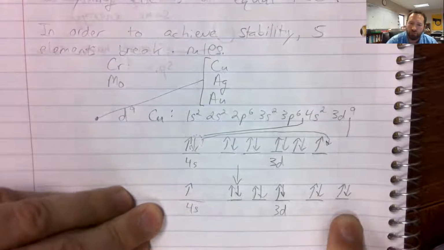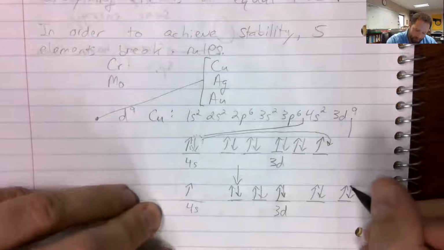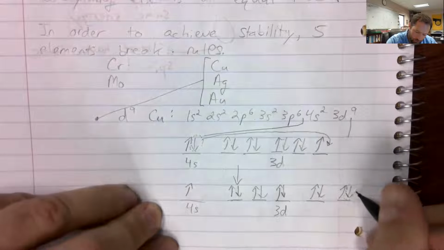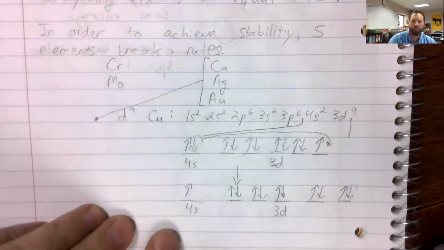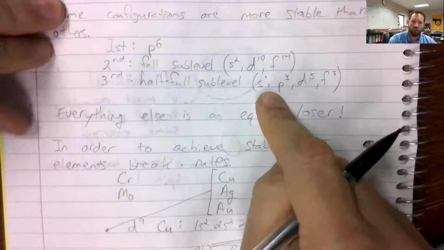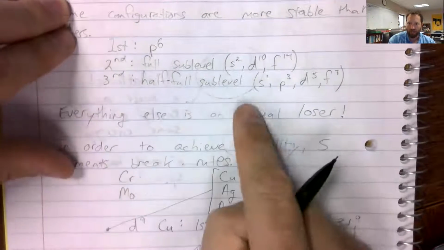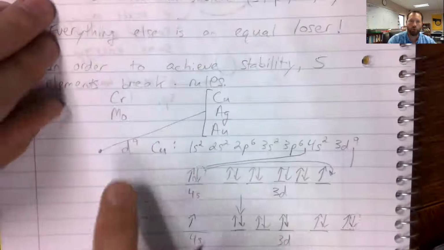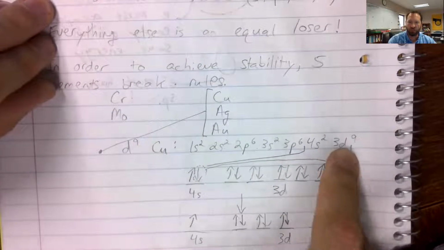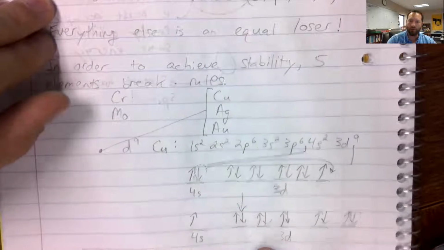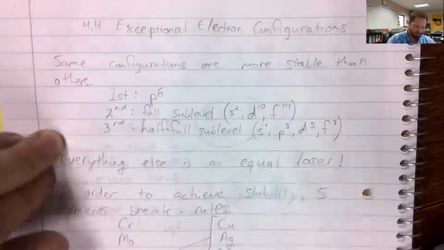The 3d is filled up. Hey, this isn't that bad. So here's that arrow that we moved right here. This isn't that bad. Remember, s1 is still winning. It's not the best winner, but it's better than nothing, which is where we were right here. This was absolutely losing. That was d9. Now we have d10 and s1.